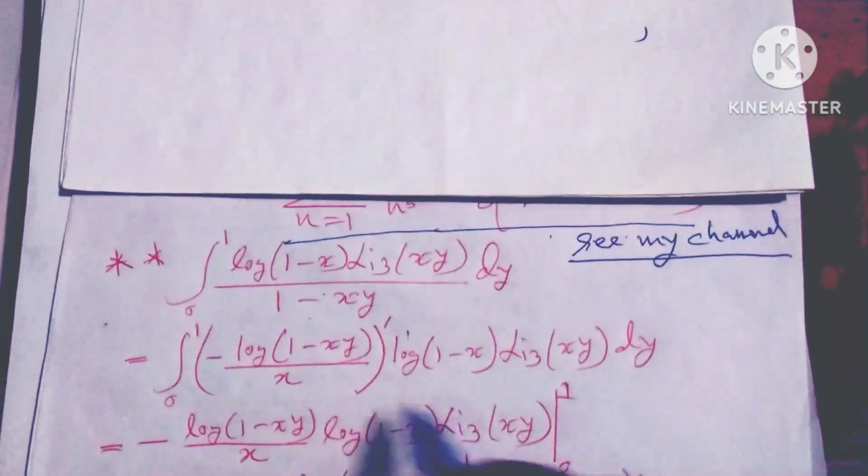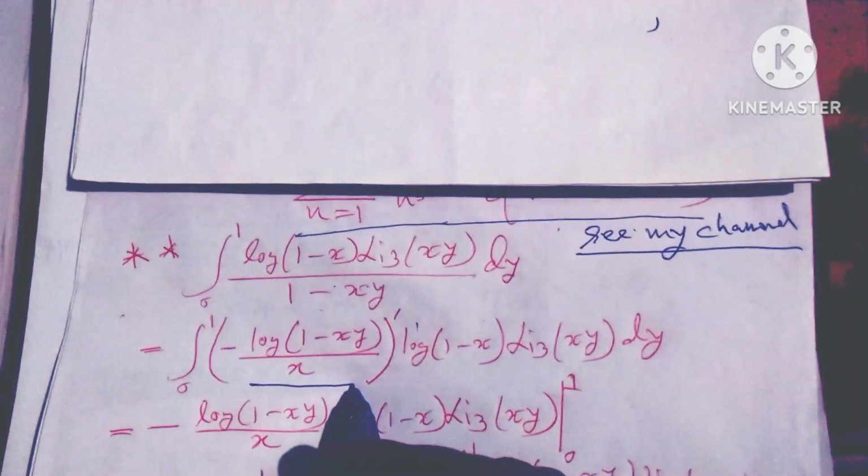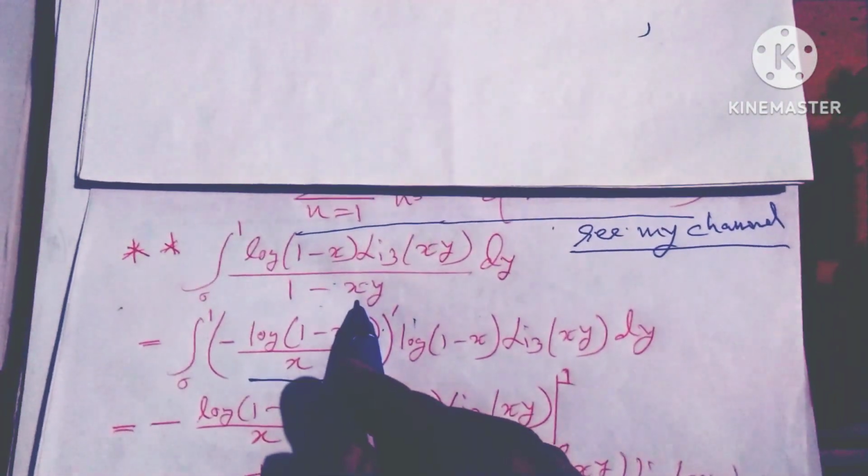You can see clearly this equals this, and after that 1 minus xy, and the derivative of this portion equals 1 by xy.